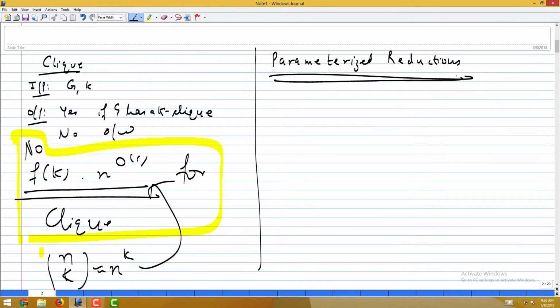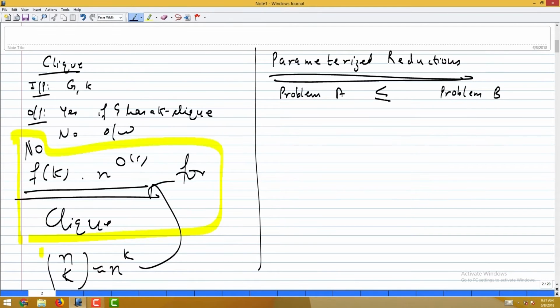Okay. So what are parameterized reductions? You have a problem A and you have a problem B, and you give a reduction from problem A to problem B. This is like you give an NP hardness reduction from problem A to problem B. You have an instance of problem A, you have an instance of problem B, and you want to reduce the instance of problem A to an instance of problem B, such that both these instances are equivalent.